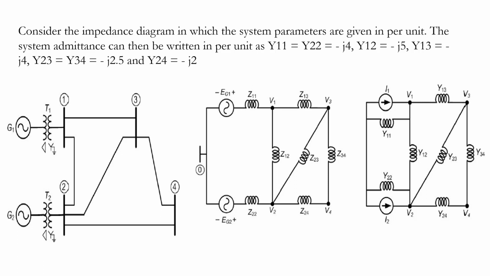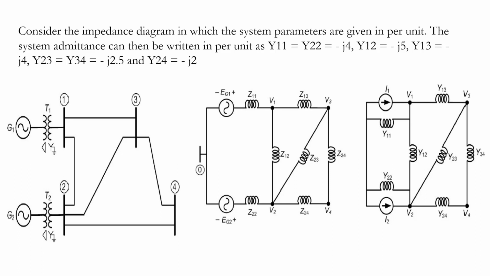This is the circuit diagram shown. It consists of bus 1, 2, 3 and 4. Bus 1 is connected with the transformer T1 and generator G1. It is EG1 with Z11, or it can be in terms of admittance also.